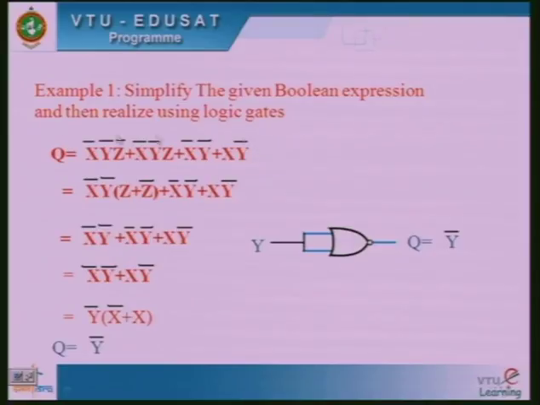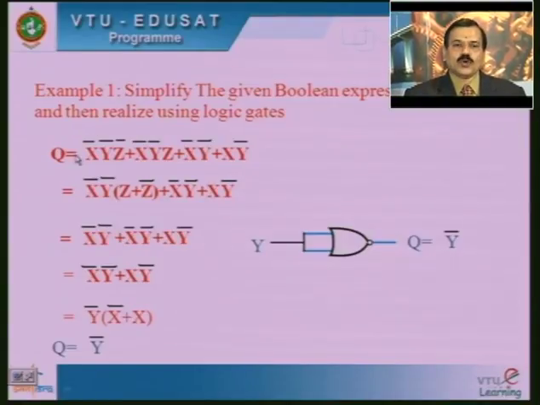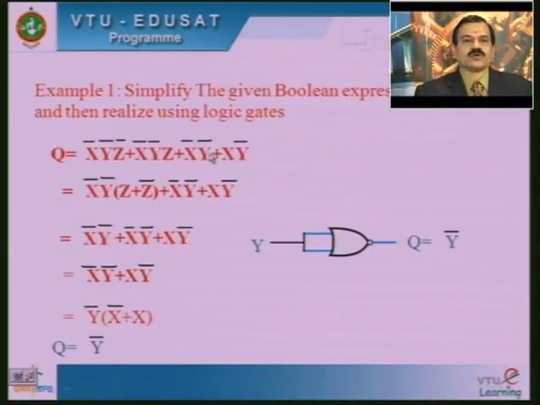To implement this kind of equation we may need many gates. So to reduce the number of gates without affecting the logical value of Q, we apply the reduction method.